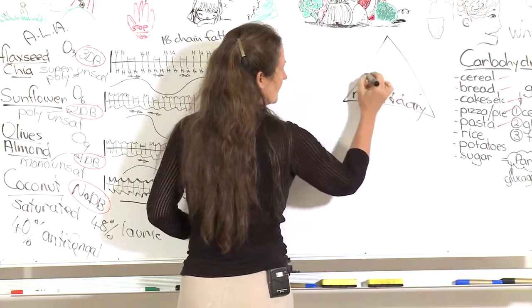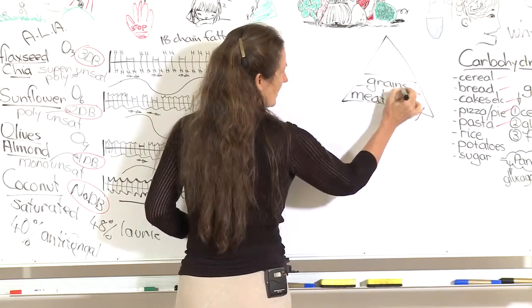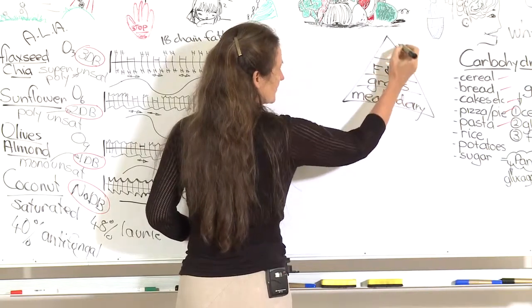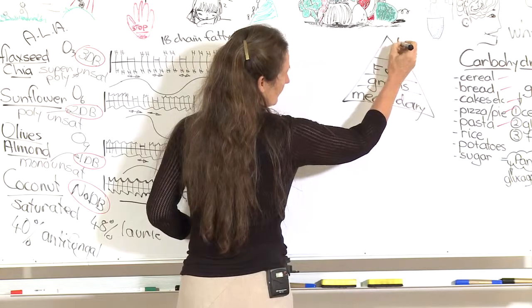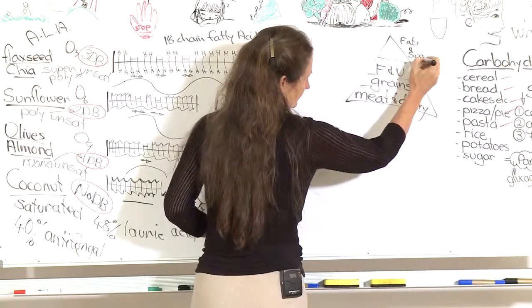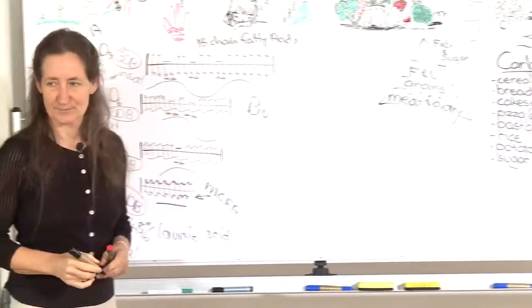And then quite a lot of grains. And we should include a few fruit and veg. And the smallest amount would be the fats and sugars. That was maybe in the 60s when I was at school.